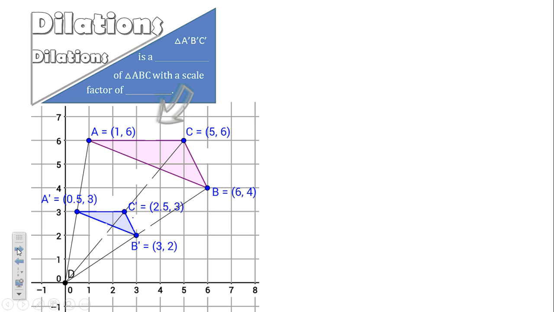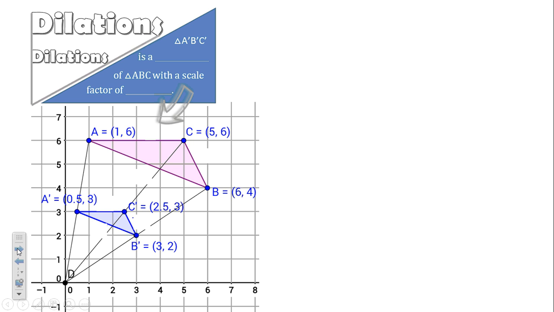Pink is the preimage and blue is the image. So is this an expansion? Has it been enlarged or has it been reduced? Reduced. Okay, so this is a reduction. A prime, B prime, C prime is a reduction. So that's your first blank.